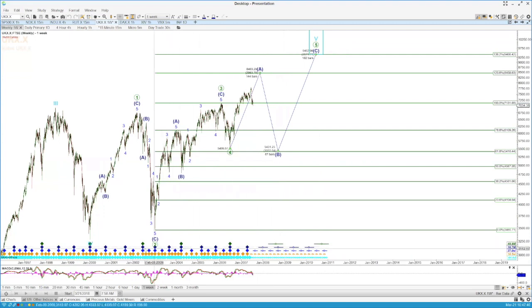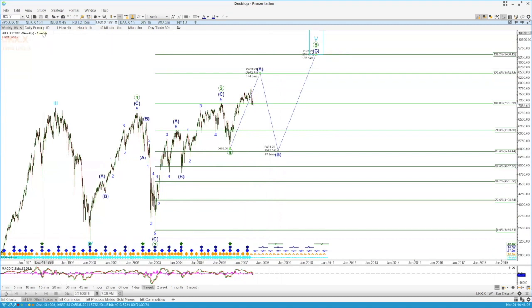And if you look at these funny shaped diamonds and circles and whiskers at the bottom, this is the Hurst Analysis on the FTSE. So you can see we're expecting that trough for the B wave to come in here somewhere between the summer and autumn of 2020.